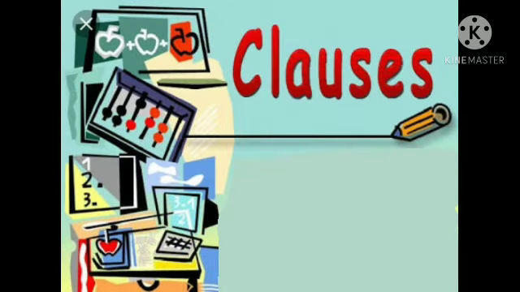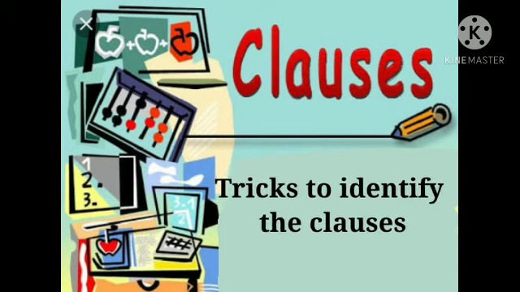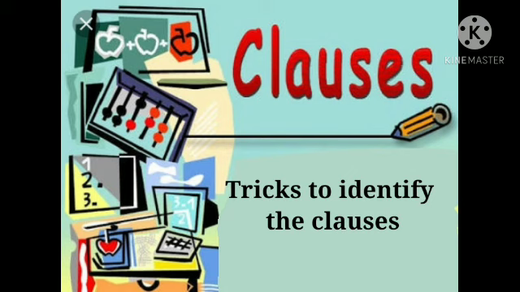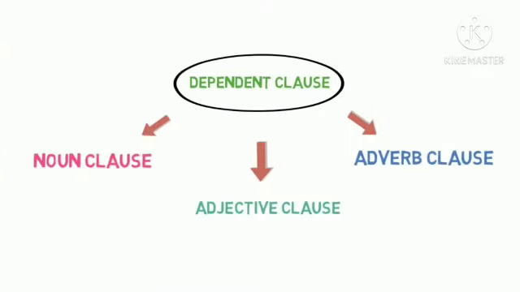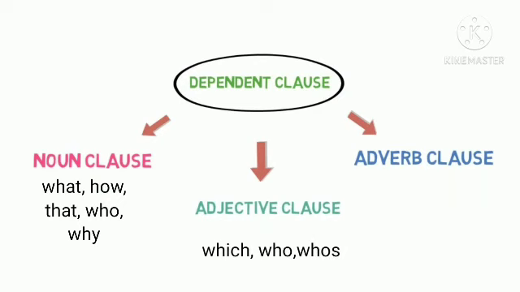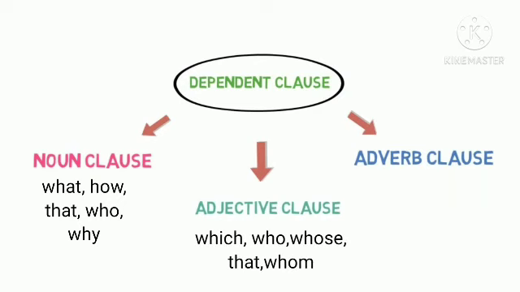So children, this was all about the clauses. Now I will tell you the trick so that you can easily identify the clauses. For that, you need to remember a few keywords. For noun clause, the keywords are what, how, that, who, why. For adjective clause, the keywords are which, who, whose, that, whom.